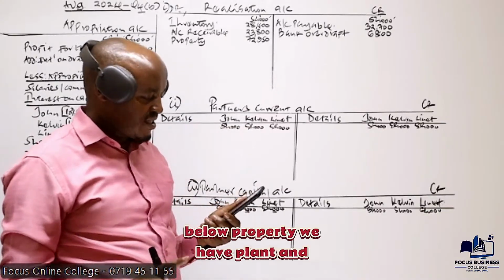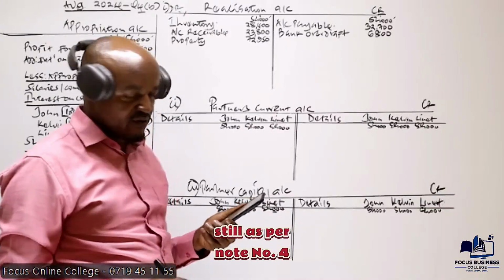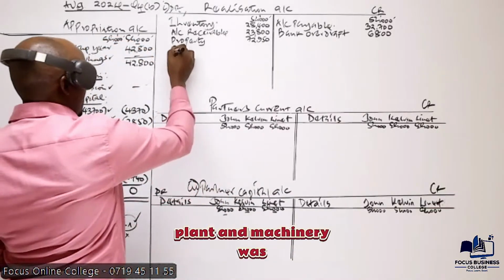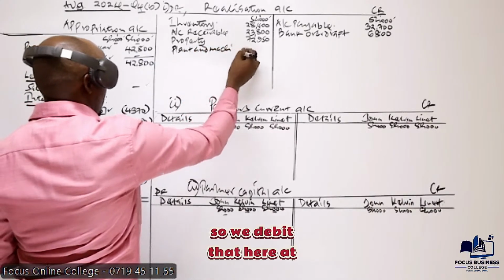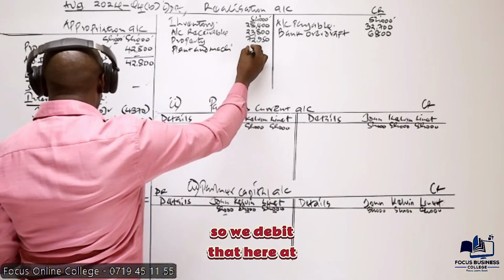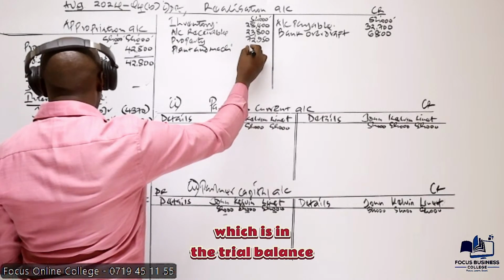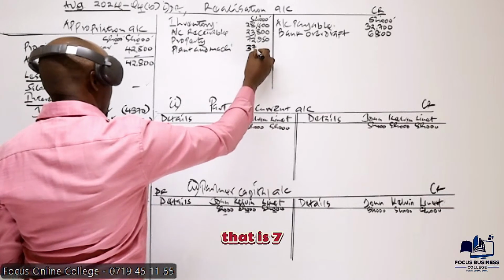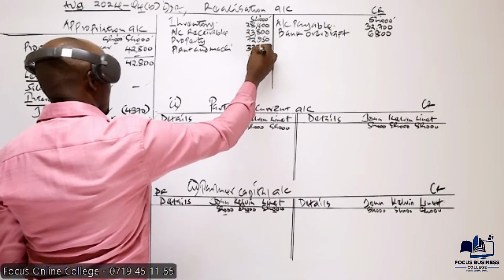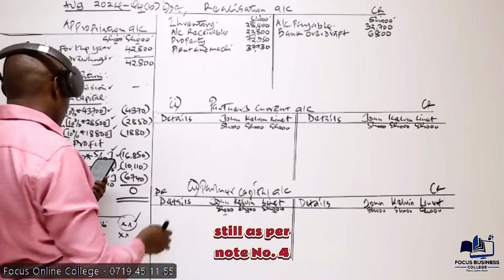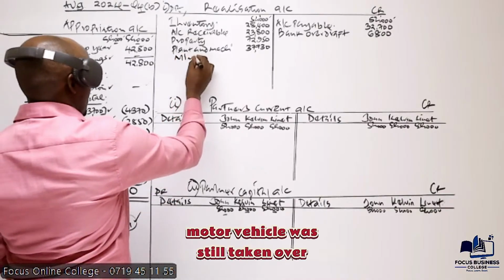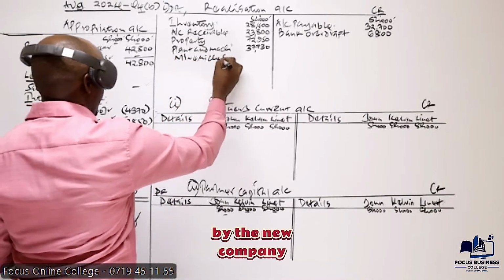Below property, we have plant and machinery. As per note number 4, plant and machinery was taken over by the new company. So we debit that here at the carrying amount, which is in the trial balance. That is 730. So below that, we have motor vehicle. As per note number 4, motor vehicle was taken over by the new company.